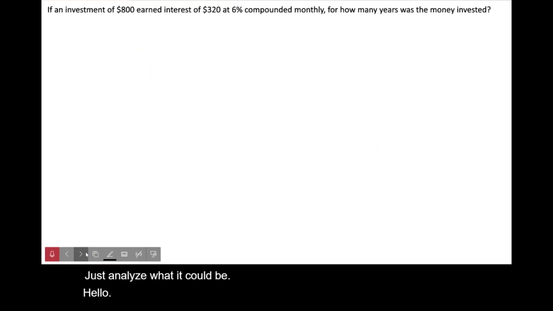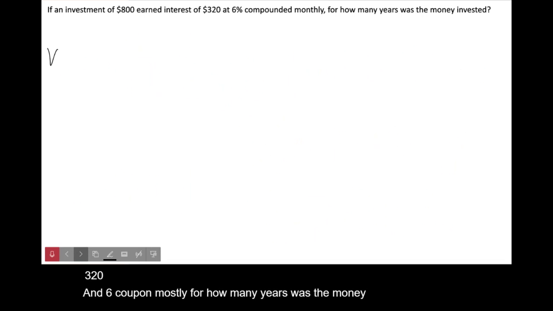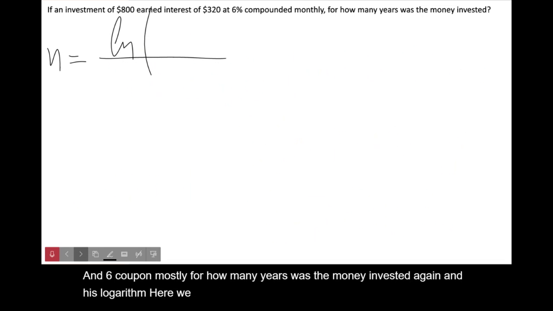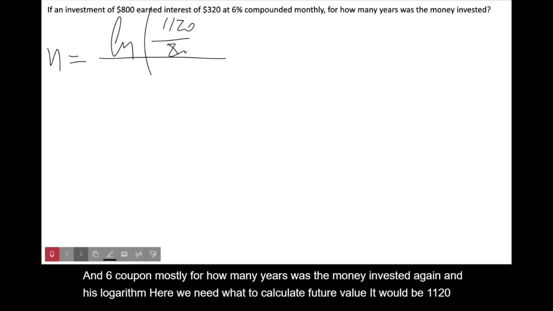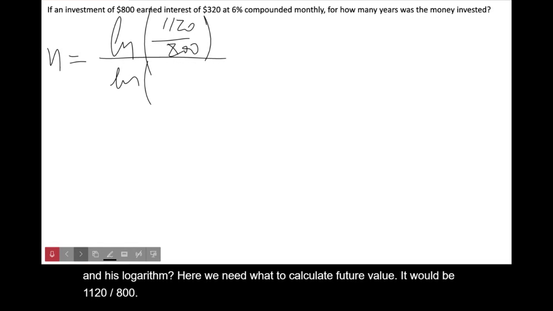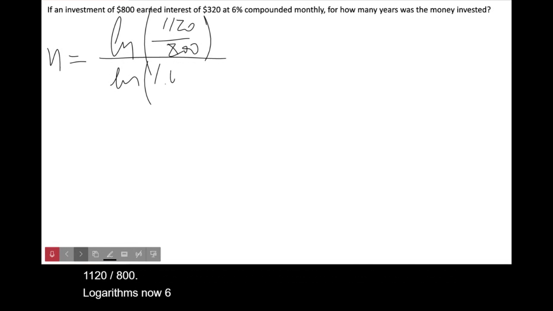Okay, so investment of 800 earned interest of 320, and 6% compounded monthly. For how many years was the money invested? Again, n is logarithm. Here we need to calculate future value. It would be 1120 over 800 logarithm. Now 6% monthly is that. So let's calculate.